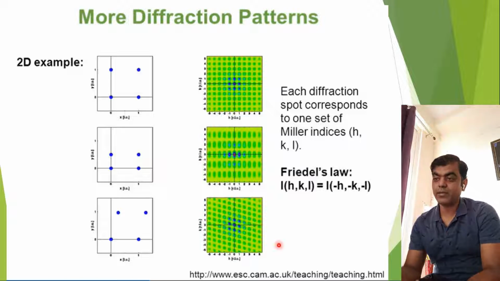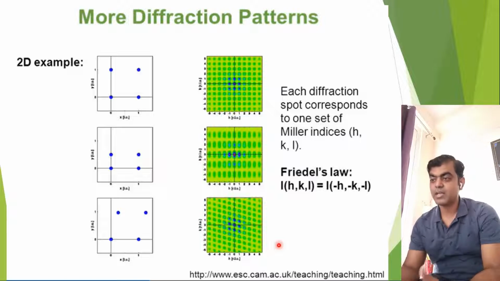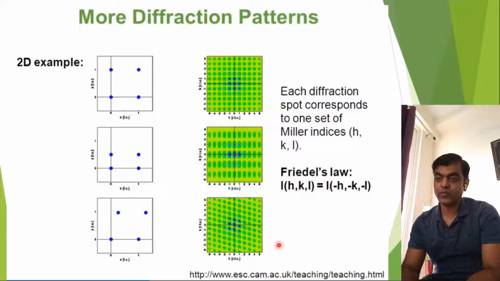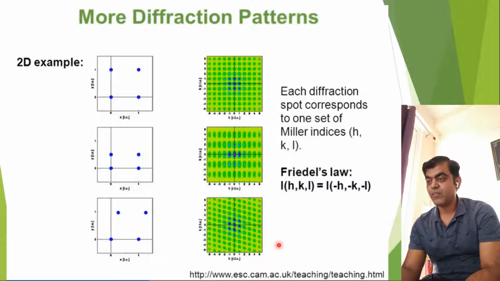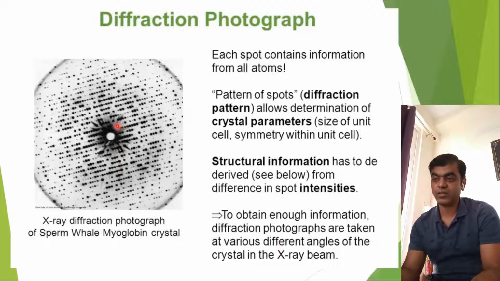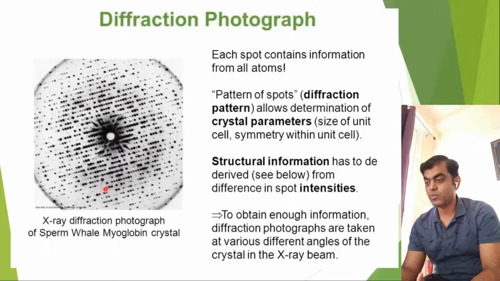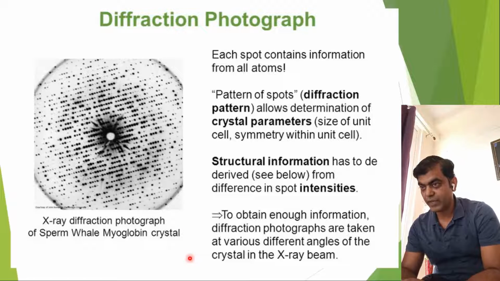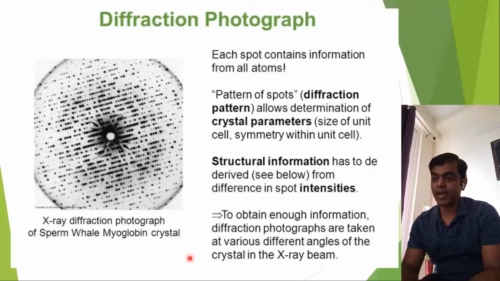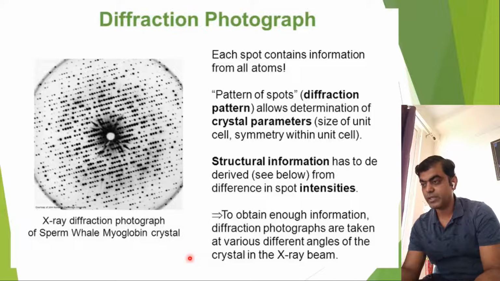And in these patterns we are getting spots, so from the spots we have to decipher backwards. Basically the idea is you have to find out the structure of the crystal from the spots of the diffracted X-rays which you are getting. So if you understand the pattern of diffraction, then you can trace back to the 2D structure or the 3D structure of it.